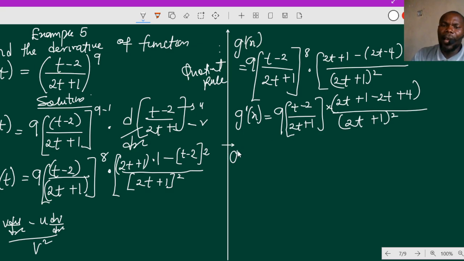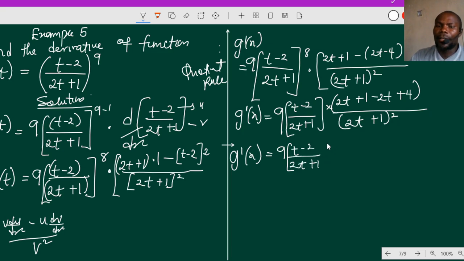So we have g of x equal to 9 times t minus 2 onto 2t plus 1 all raised to power 8, multiply this, and this will become 0.